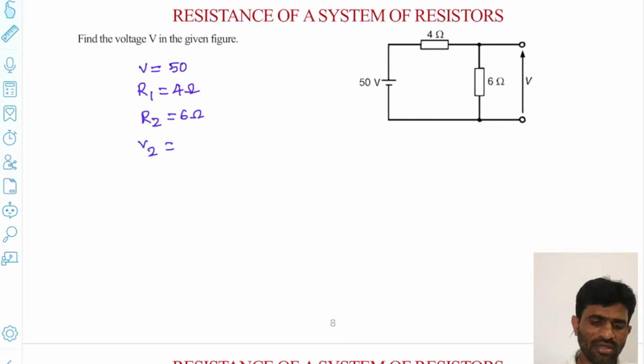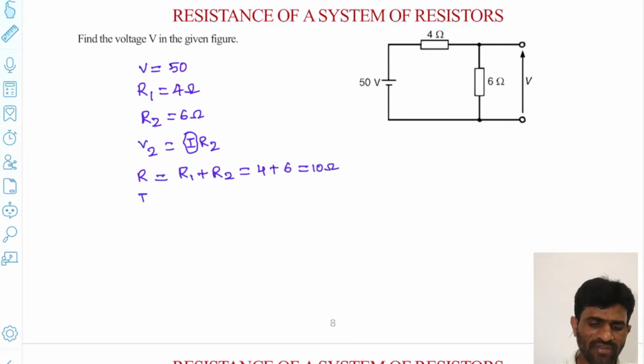V2 is I into R2, but we do not know I. So first we have to find I. To find I, we have to find the effective resistance first. Effective resistance is R1 plus R2, that is 4 plus 6, which is 10 ohms.